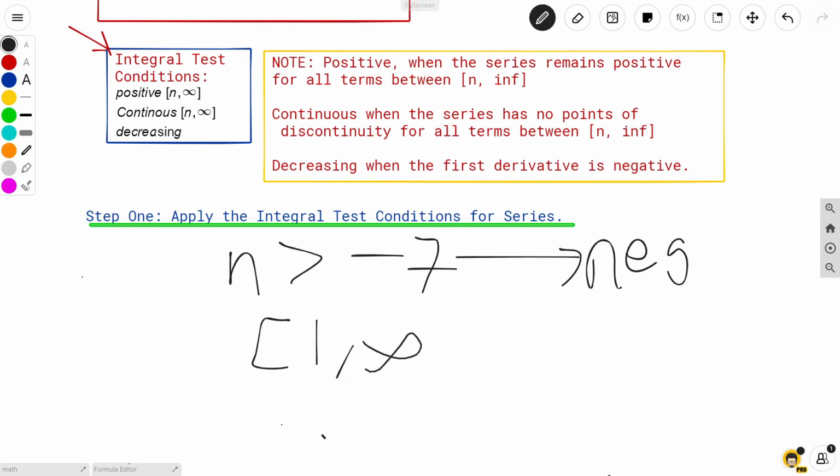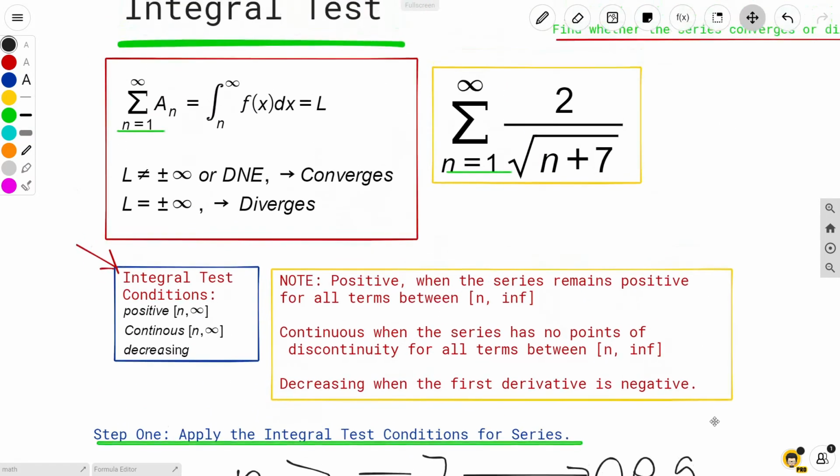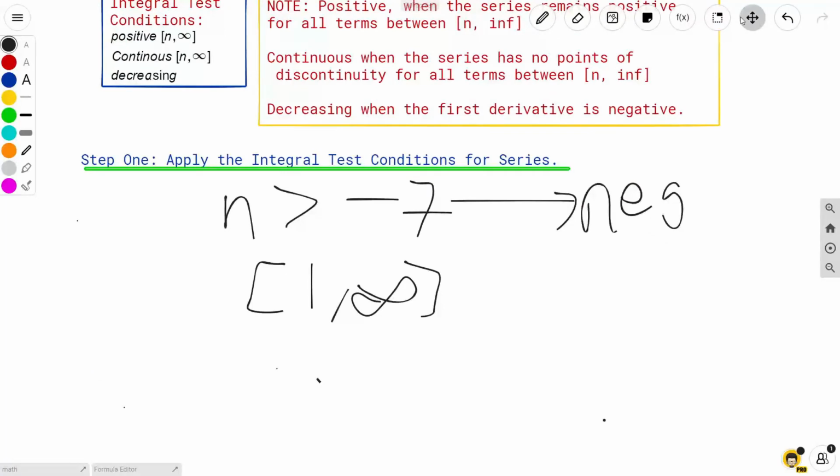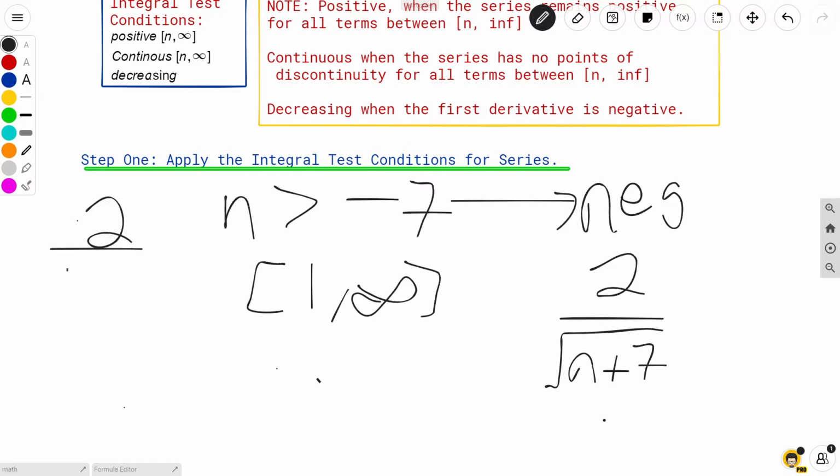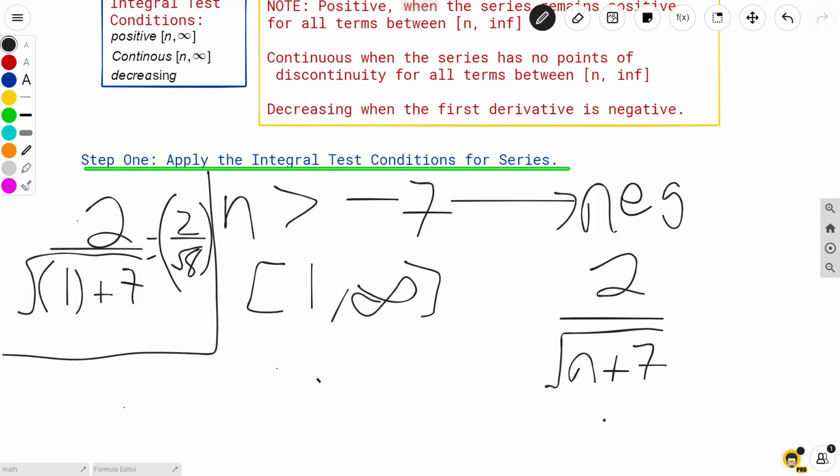For all points, the lowest value we can get when we plug in 1 is 2 divided by the square root of 8, which is a positive term. So it's positive, and we can check off that condition.